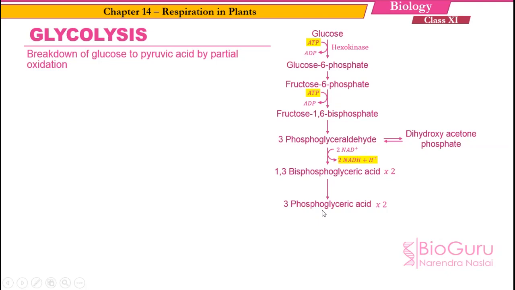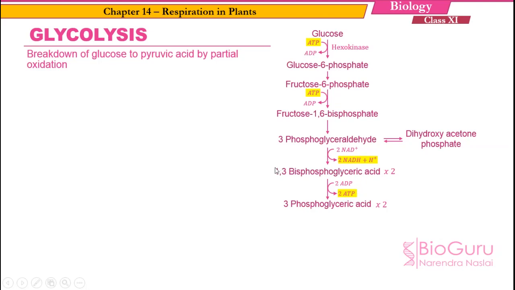That phosphate group is utilized to form ATP. Here ATP is synthesized. Earlier in the beginning of the glycolysis, ATP was utilized, but here, while conversion of 1,3-bisphosphoglyceric acid into 3-phosphoglyceric acid, ATP is synthesized. Now how many ATPs are synthesized? 2 ATP are synthesized.